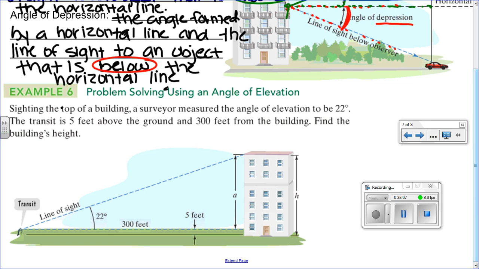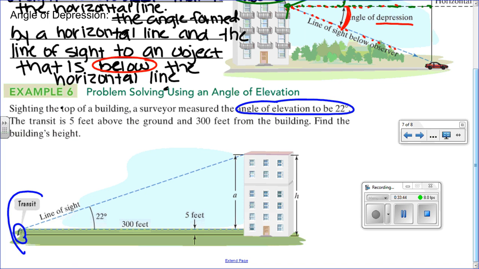we have a building, and we have a person. You see him right here? It's very tiny on your handout. He's surveying something there, and he measures an angle of elevation of 22 degrees.